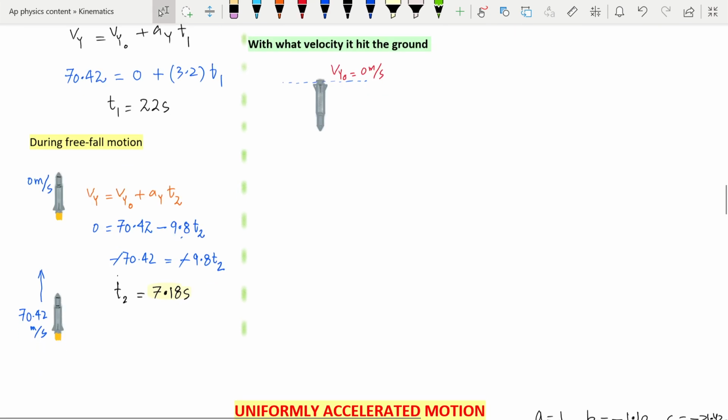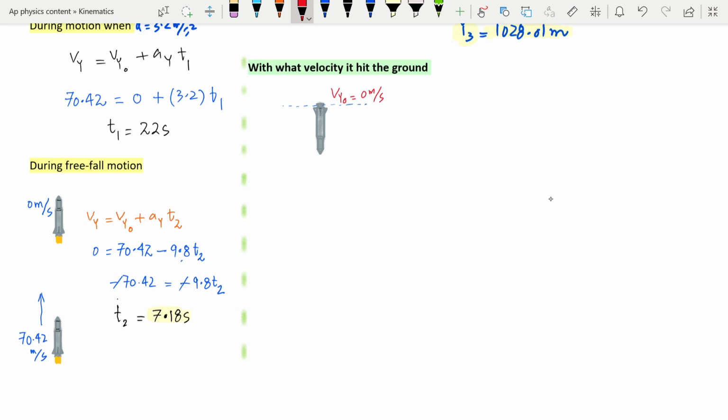If you want to calculate its final velocity just before it hits the ground, imagine this is the ground, just before it hits the ground, we want to find in this question the final vertical velocity. Do we have all the variables required?